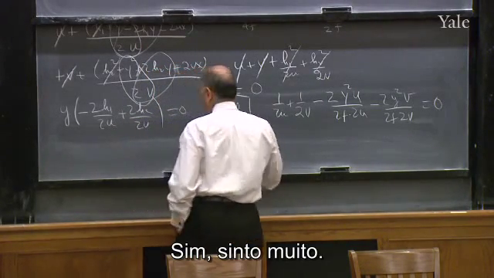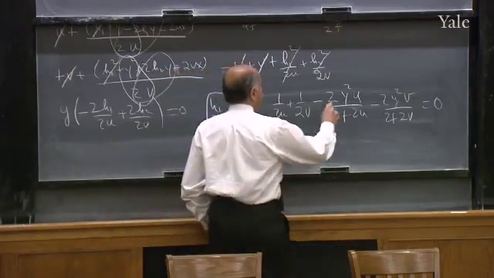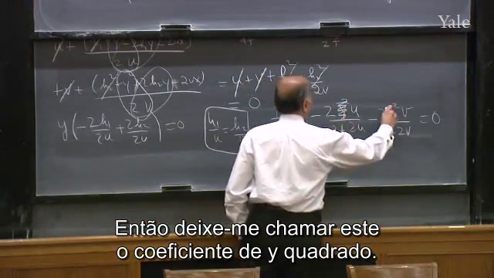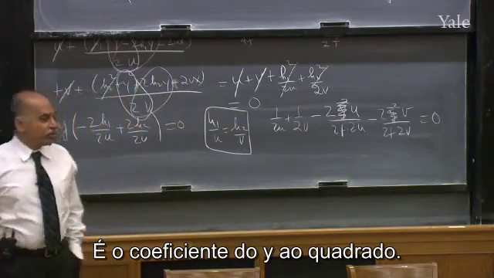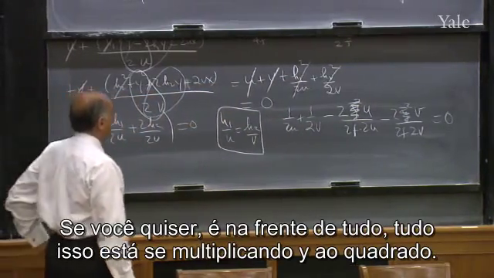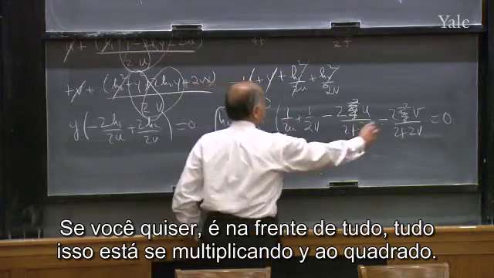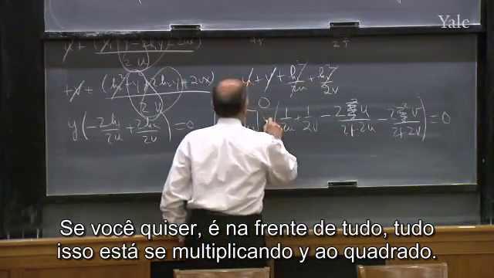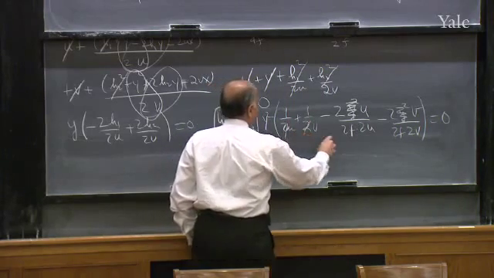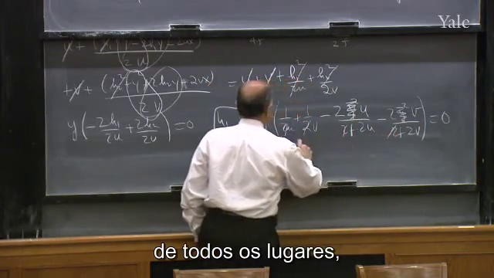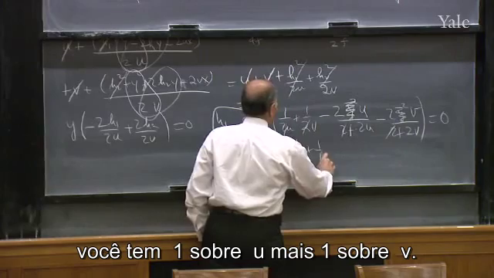Yes, I'm sorry. I'm not being consistent. So let me just call this the coefficient of y squared. Do you agree? It's the coefficient of the y squared. If you want, it's in front of everything, all of this multiplying y squared. So this has to vanish. Okay, so cancel the 2's everywhere. You get 1 over u plus 1 over v.